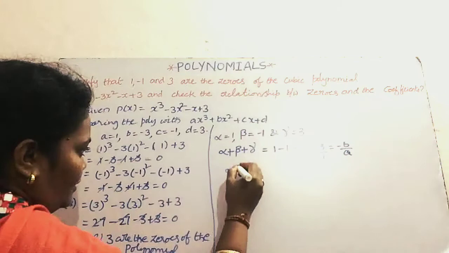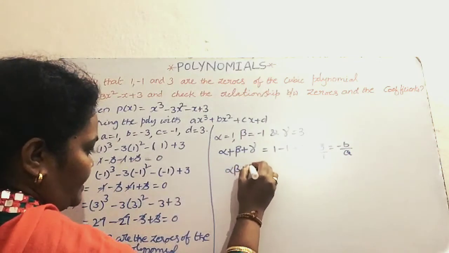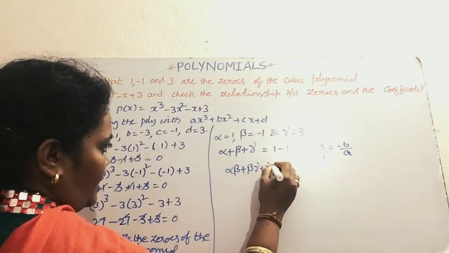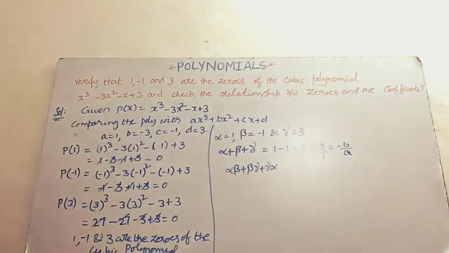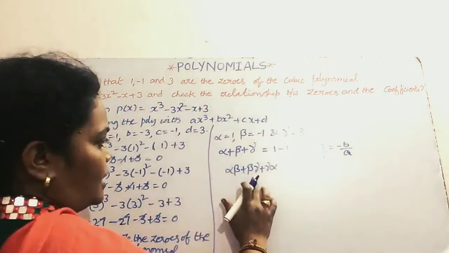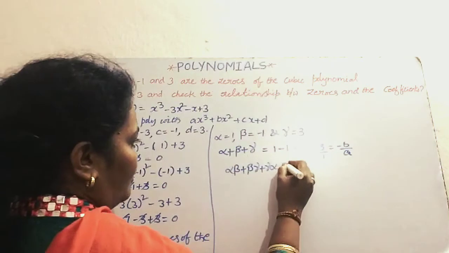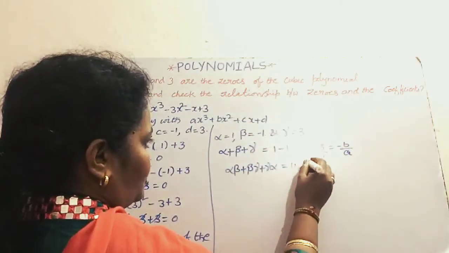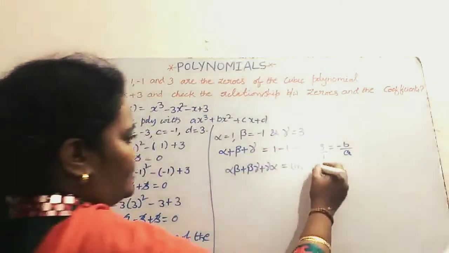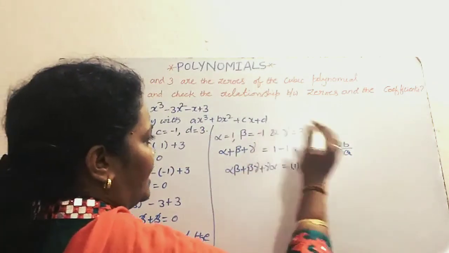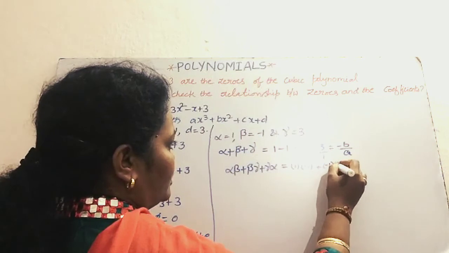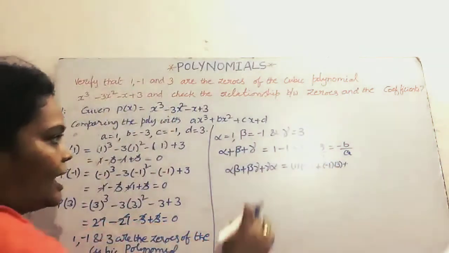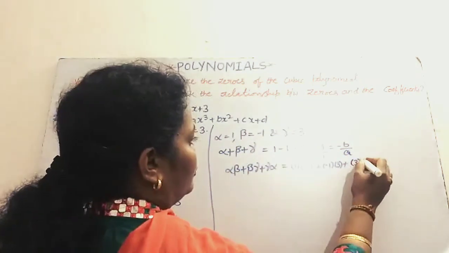So now the second one, alpha beta plus beta gamma plus gamma alpha. What is the value of alpha beta? That means 1 into minus 1, plus beta gamma, minus 1 into 3, plus gamma alpha, 3 into 1.